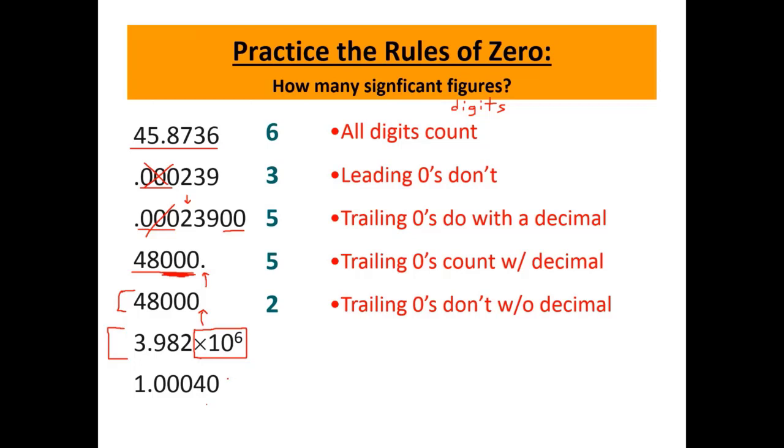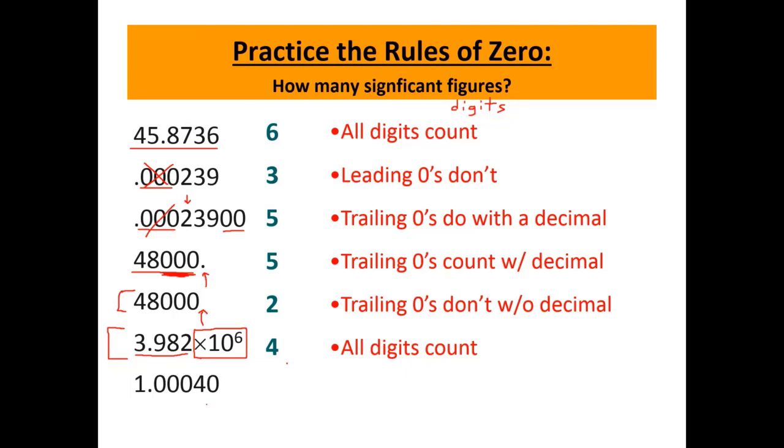What that 10 to the 6 does is it tells you place value, where each of these other numbers should be in reference to the ones place, tens place, hundreds place, etc. So there are no significant figures in that part. However, each of the rest of these is a significant figure. So this would be 4.